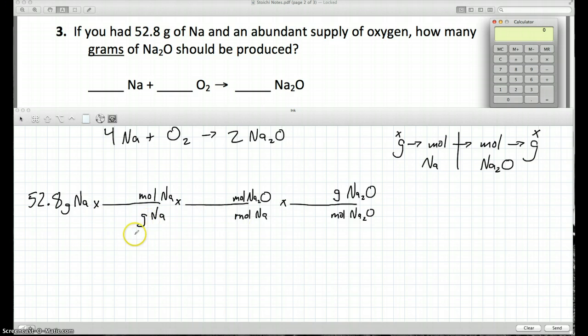There's a couple numbers I can put in right away because mole and grams together, mole is always 1. Moles and moles, I look at my balanced equation. Na2O, well, that's a 2. Na, well, that's a 4.